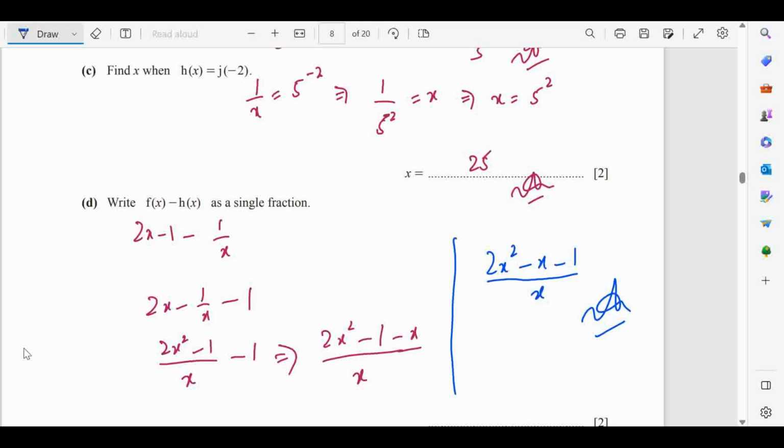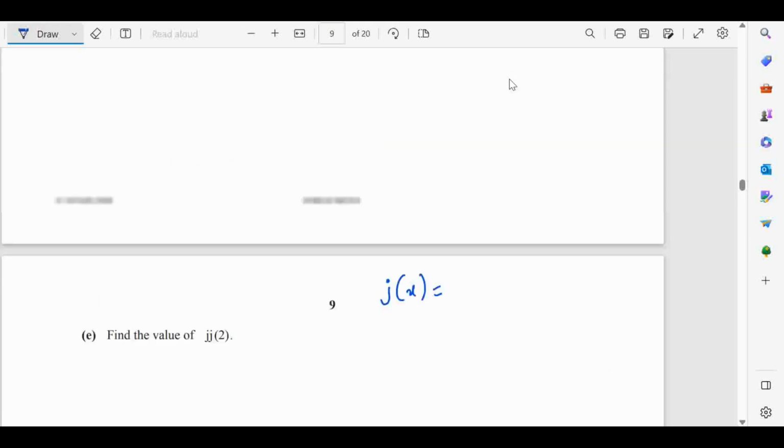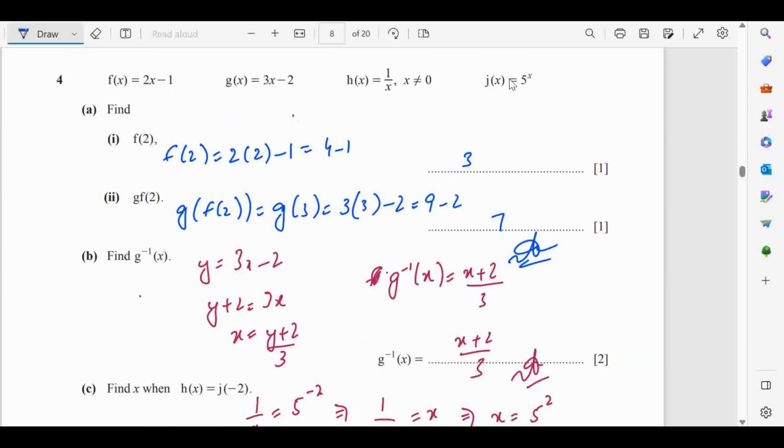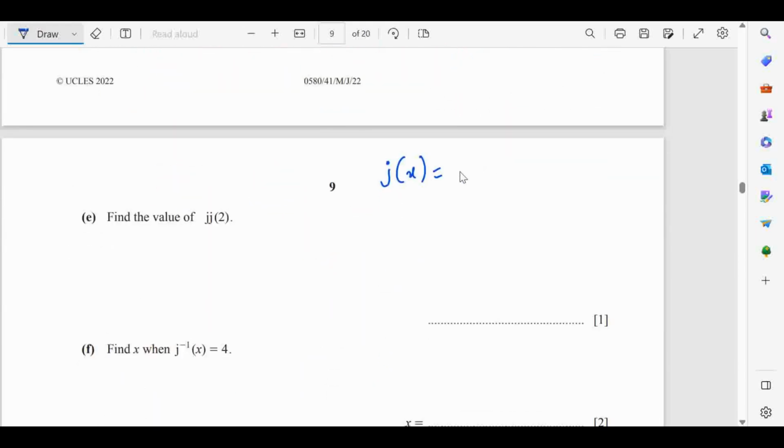Let's move to the next part. Find the value of j of 2. So first of all let's write j of x. j of x is equal to 5 power x. So j of 2 will be equal to 5 power 2, which will be equal to 25.